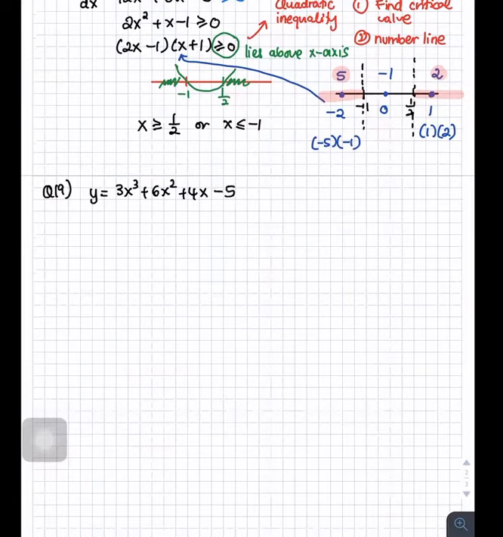Okay, the question says gradient is never negative. Ladisha, interpret the meaning of gradient is never negative. How do I write this in mathematical notation? More than or equals to 0. Okay, more equals to 0 and the gradient is just dy dx.